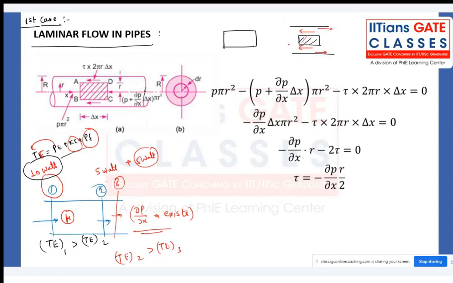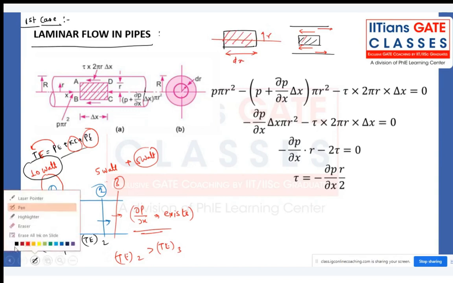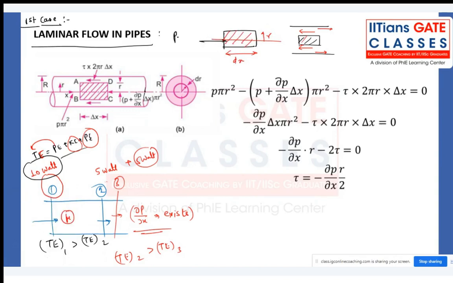And how will the variation be? The variation will be tau into 2 pi r into dx. I am assuming the element length is dx, and the radial distance from the center line will be taken as r, right? So for this particular element, what are all the pressure variations? Here we are applying pressure P into what? What is my area?